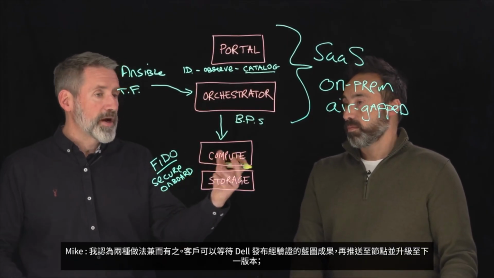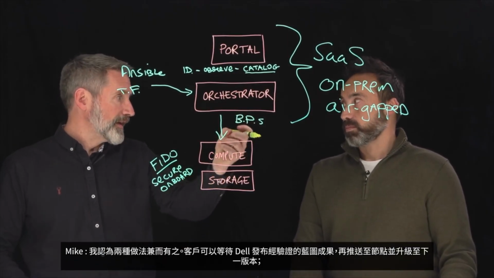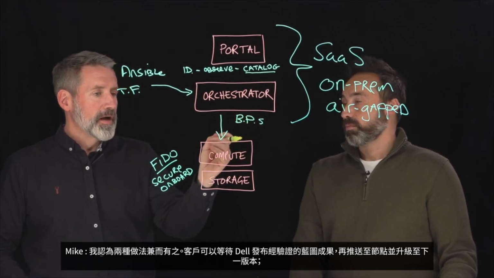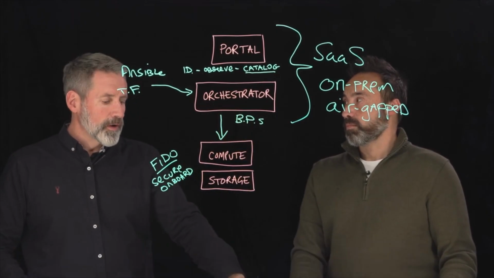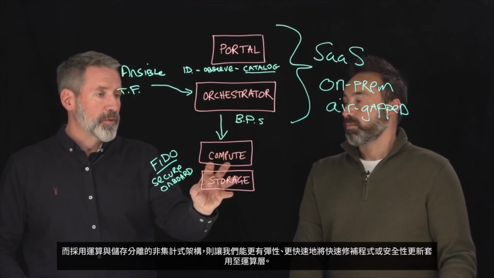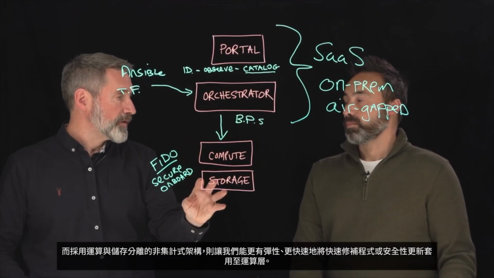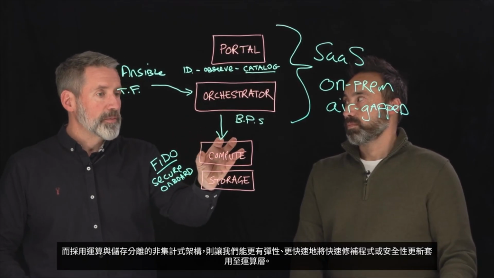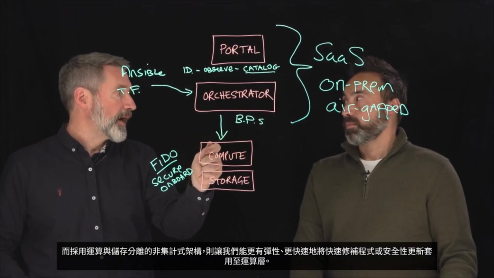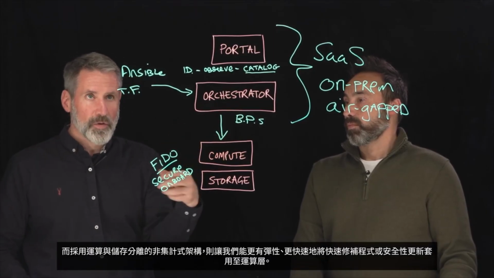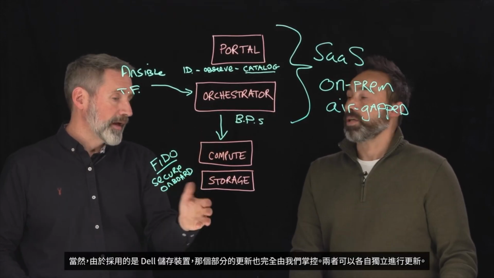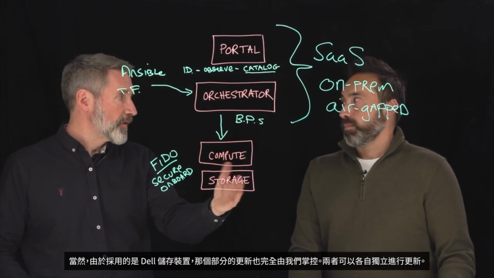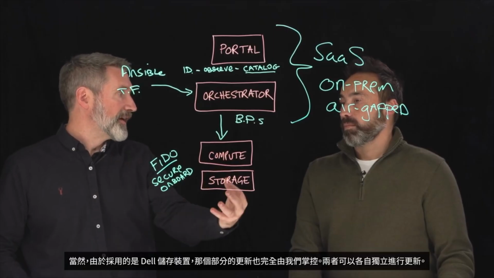Customers can wait for Dell to release a validated blueprint outcome to push down to the node and version it to the next version, or the disaggregated approach of having separate compute and separate storage means we have a little bit more flexibility to apply express patches or security updates to the compute layer much quicker. And obviously, we're using Dell storage, so we're in control of updating that piece as well.